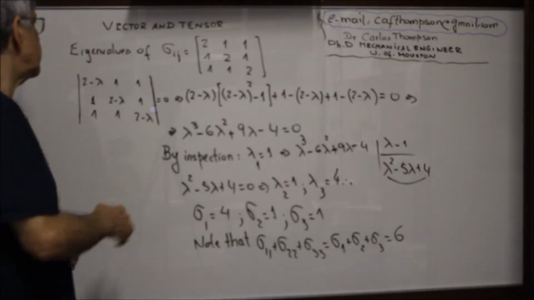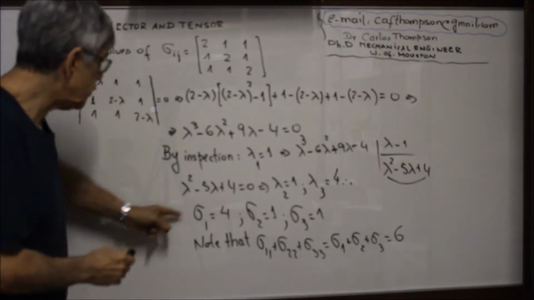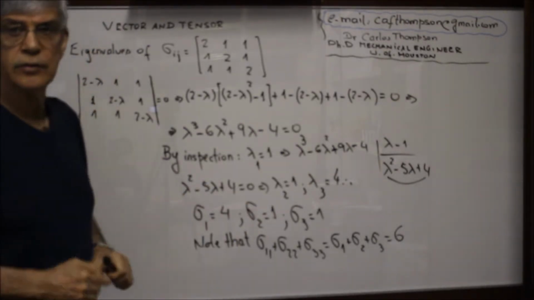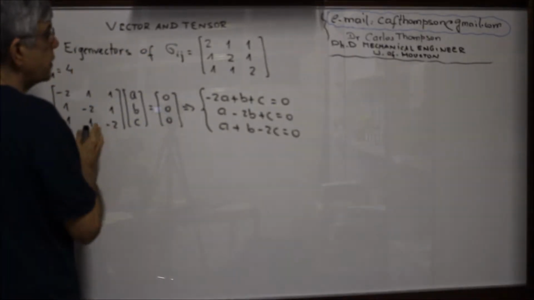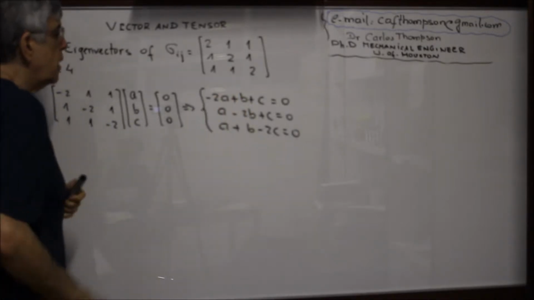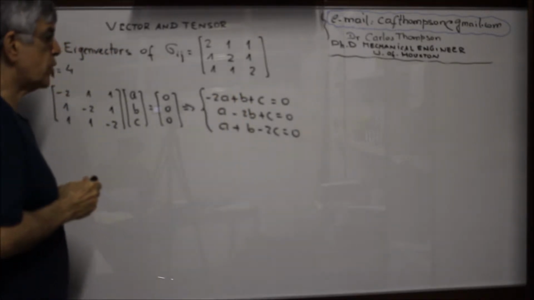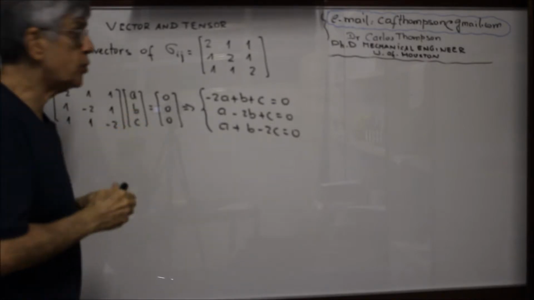Now let's calculate the eigenvectors for each of these eigenvalues. Since the determinant is 0, this is a homogeneous equation with many solutions.